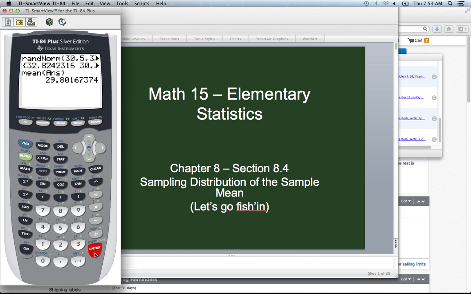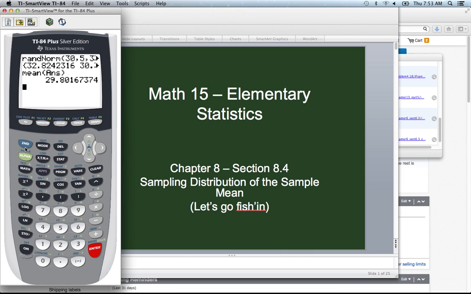The simulation part comes in like this. I'm going to repeat this process of sampling over and over again, and by doing that, I'm going to collect a set of sample means. Then I can draw a histogram of that set of sample means and start to see what that distribution might look like and compare it to the distribution for x.